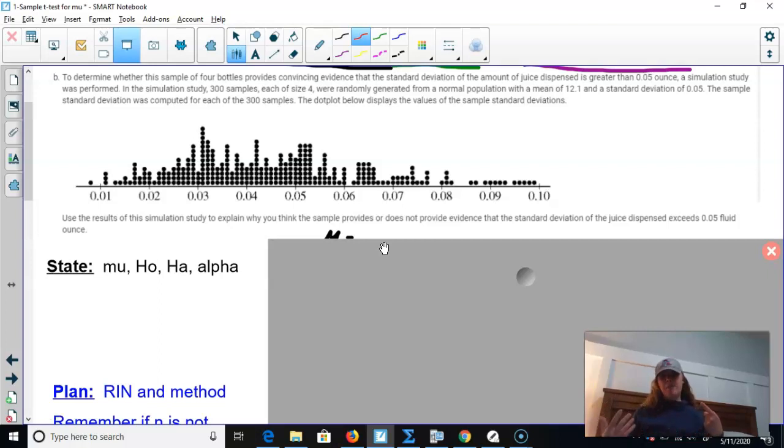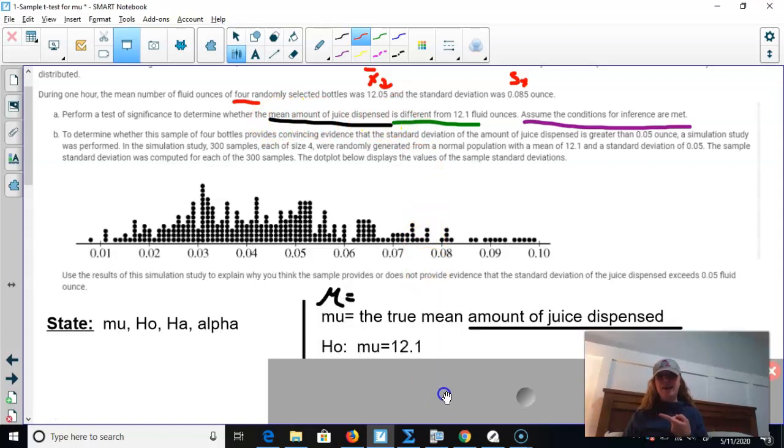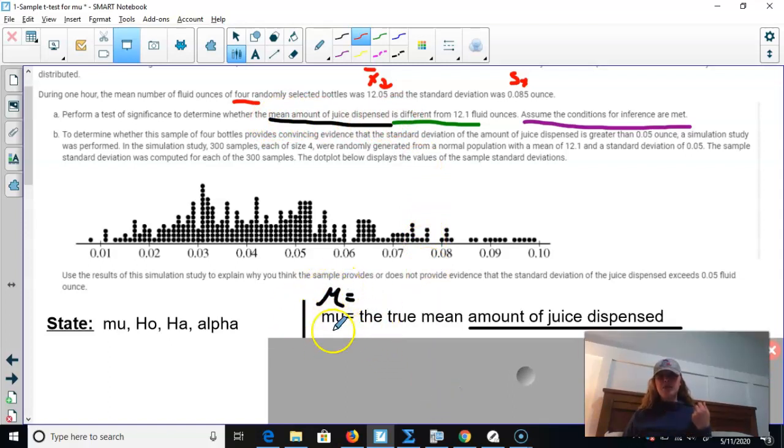What is that parameter of interest? What do we care about right now? The question will tell you. We care about the true mean amount of juice dispensed. So mu is always the true mean, and then fill in the blank. Use the College Board's question to help you. They'll help you out.